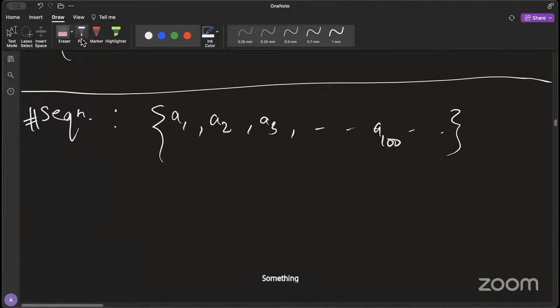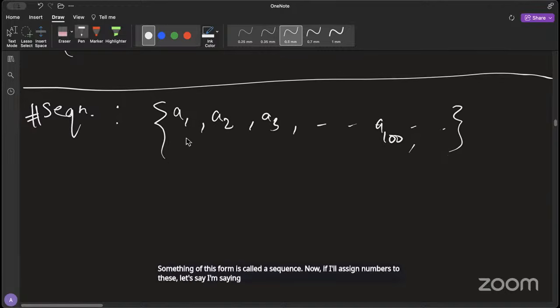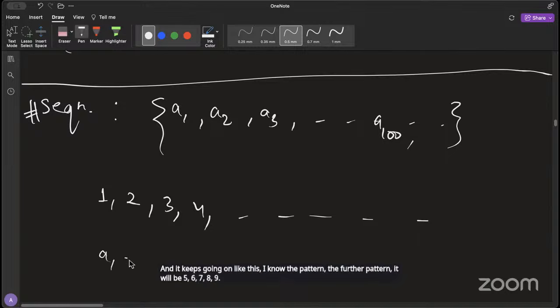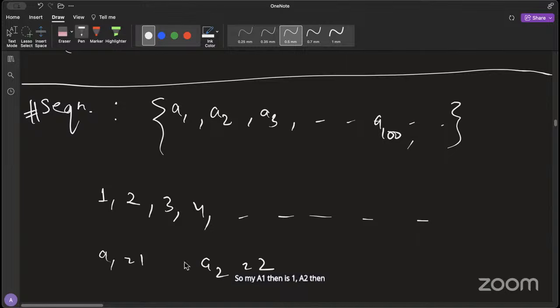Something of this form is called a sequence. Now, let's say I assign numbers like 1, 2, 3, 4, and it keeps going on like this. I know the pattern, the further pattern will be 5, 6, 7, 8, 9. So my A1 then is 1, A2 then is 2. This is called a sequence.